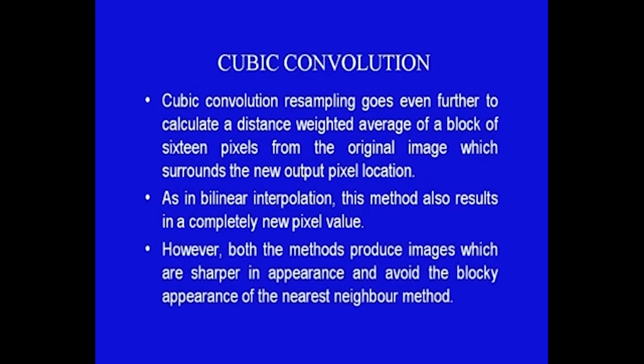However, both the methods produce images which are sharper in appearance and avoid the blocky appearance of the nearest neighborhood method. Having discussed these, now let us look at a comparative evaluation of these 3 resampling methods.